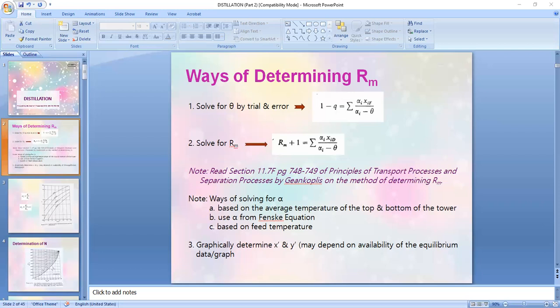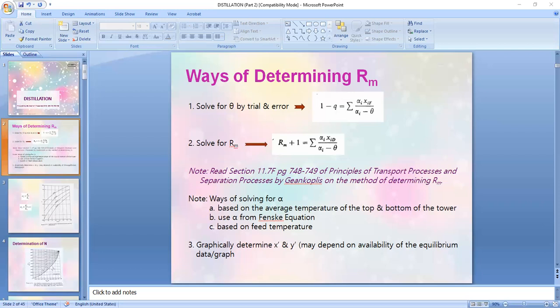The mole fraction of A in the distillate divided by, again, alpha A minus the theta that you got here, plus you should have another fraction in here, and that should be your alpha B x sub B D, the mole fraction of B in the distillate, divided by alpha B minus theta. In the process, you'll be getting the R sub M.